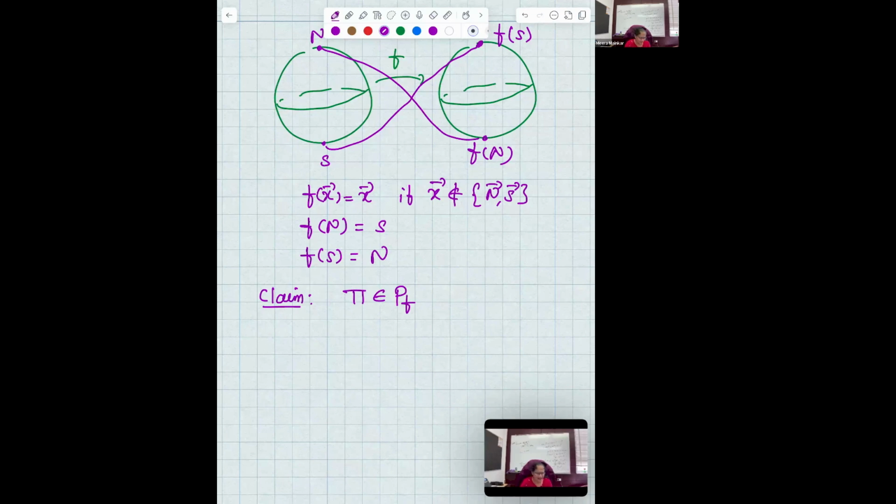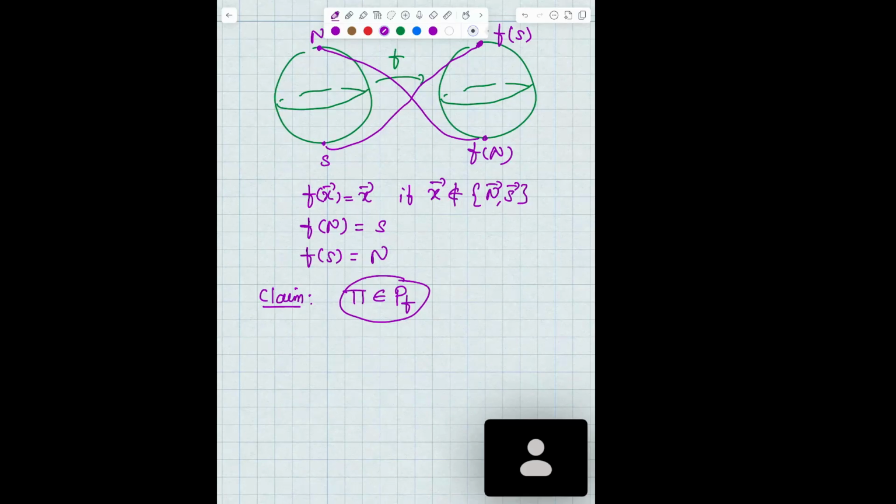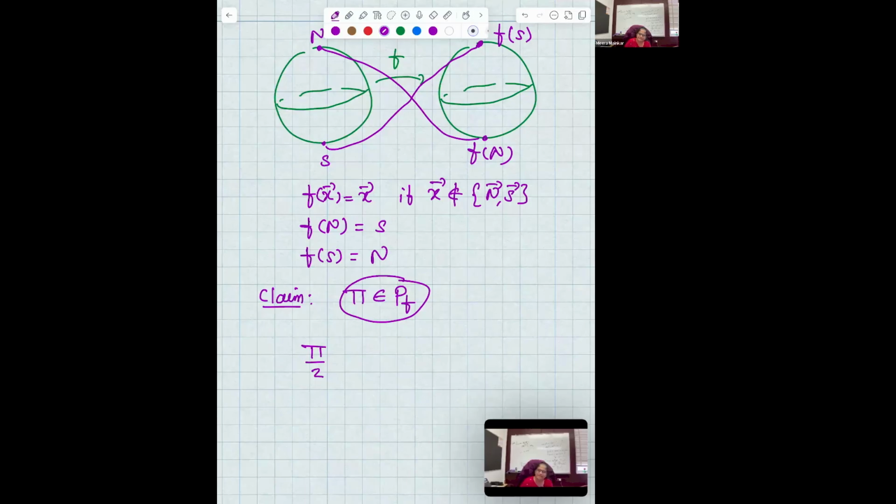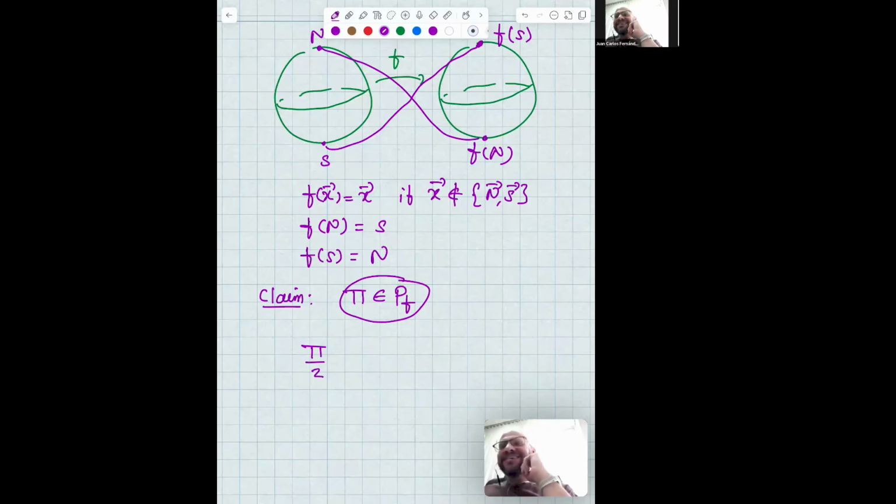Can you give me another distance in P_f? Can you think about that? The trivial, the identity, I don't know. Yeah. What about this? It seems to me that it is preserved. Yes, it is preserved.